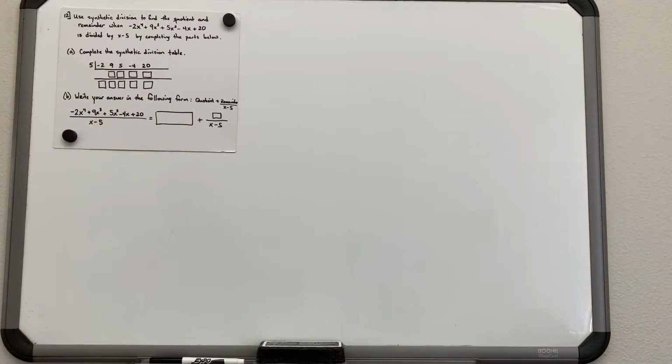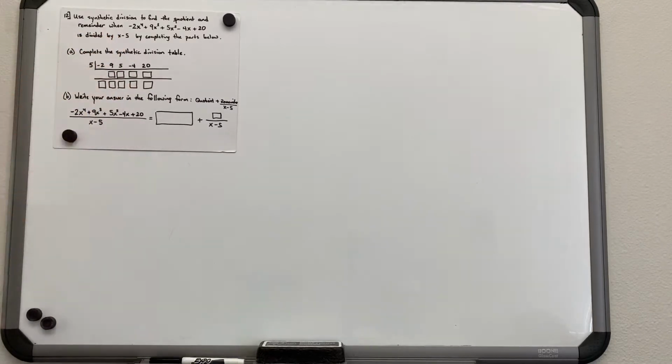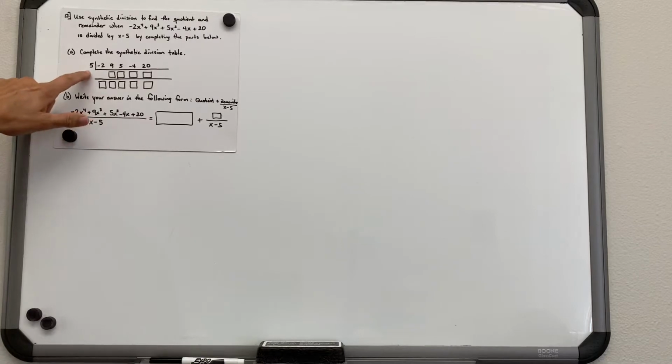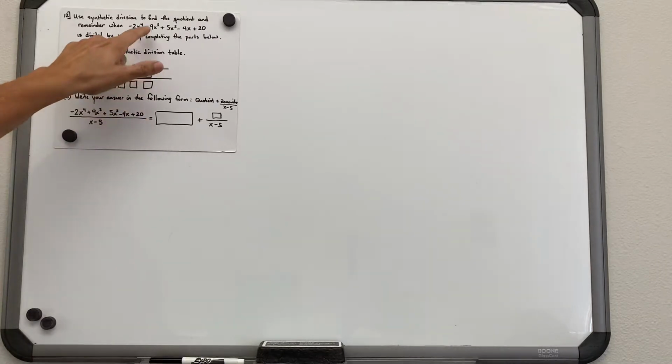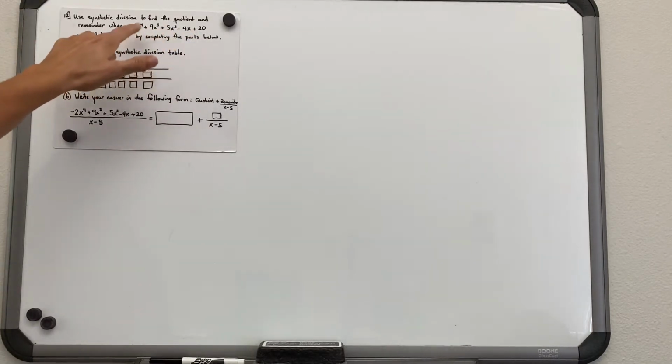And so with synthetic division, what we do is we divide by the zero, so if I'm dividing by x minus 5, then the zero would be 5, because I would set that equal to 0 and solve it. So the 5 goes into these coefficients. So you want to make sure that it doesn't miss one.